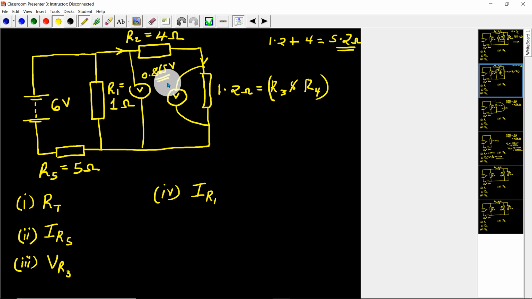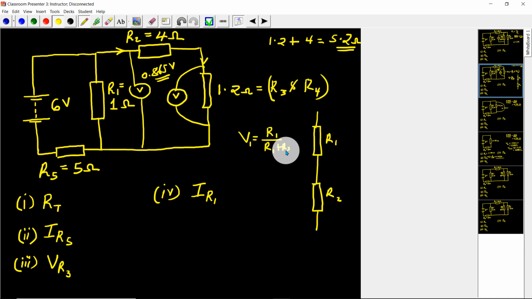So if I want to get the voltage across this one here, I can do something very simple that we have always learned: if I have two resistors in series, R1 and R2, I can get V1 by taking the ratio of R1 to the total resistance, R1 plus R2, times the total voltage, V1 plus V2.